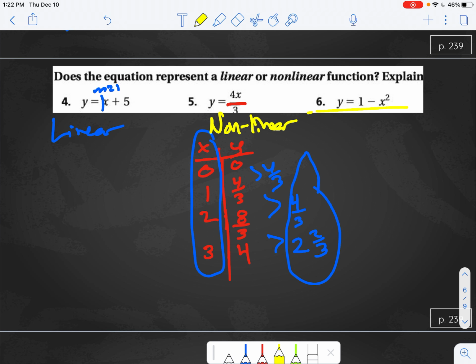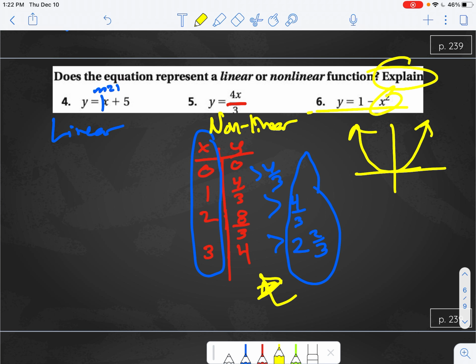And this last one, number 6, and for the explanation, if you had a table like this, that would be great. We haven't talked about it a whole lot in this trimester, but when we see an x squared, that should trigger in our brain that we're dealing with some type of parabola, like this.